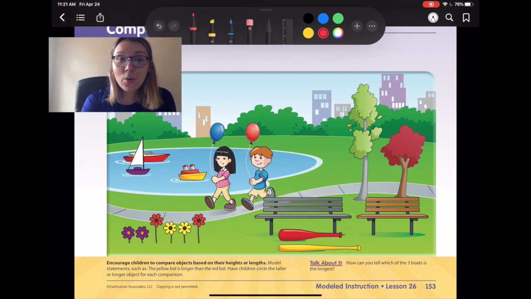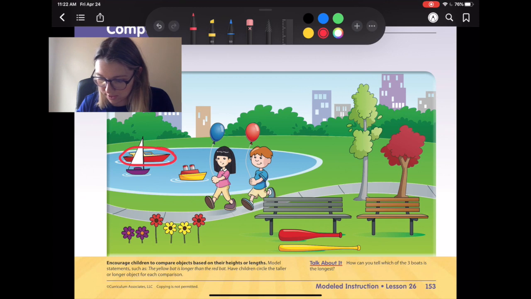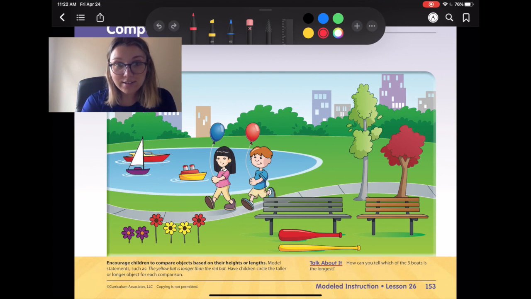Okay, friends, so our last thing on this page is I want you guys to look at the boats. Okay? How can you tell which boat is longer? Which boat is the longest boat? This red one right here. This red one's the longest. How can you tell that that red one is the longest?